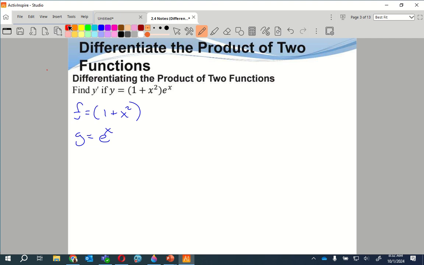I identified what I have, and now let's do f prime. So f prime, what's the derivative of 1 plus x squared? 2x, right? Yes, no, maybe? Christian, you're looking at me kind of crazy. You sure? All right, Christian, this next one's just for you. You ready?